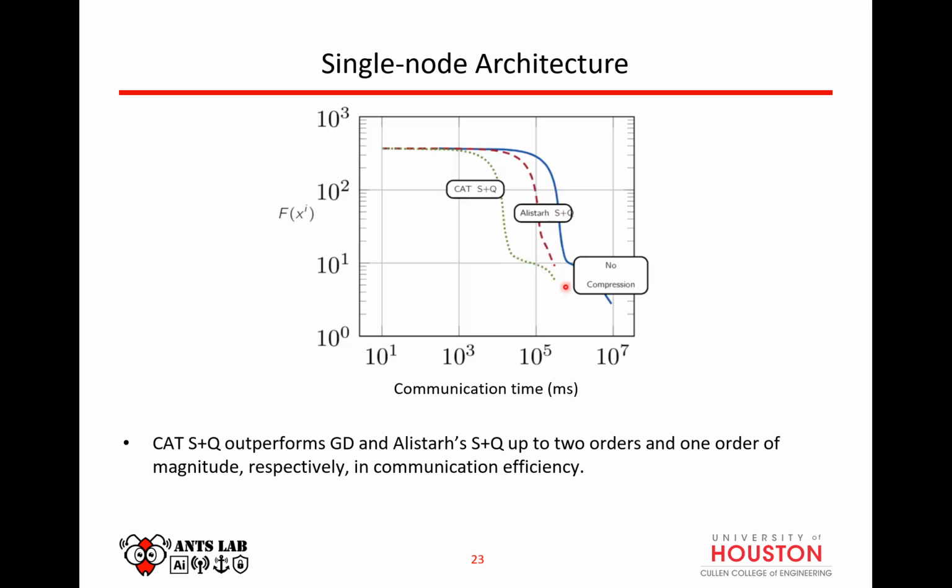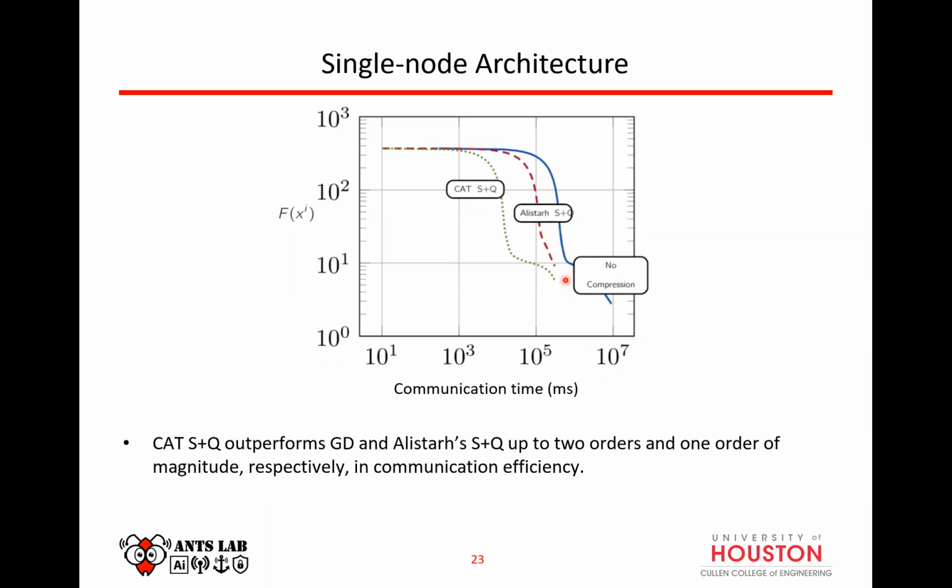Excuse me, sorry to cut in. So for the Alistar, is it kind of fixed sparsification and quantization, or is it also adaptive dynamic sparsification? It is not adaptive, but it is dynamic. So CAT is the adaptive one, right? So Alistar would be the fixed one. Yes, Alistar would be the fixed one.